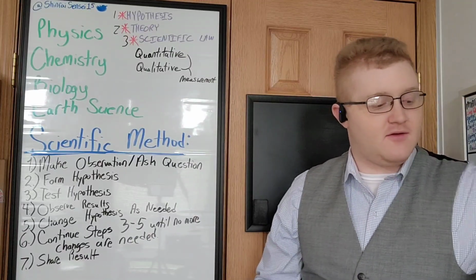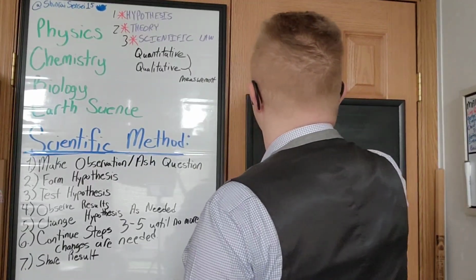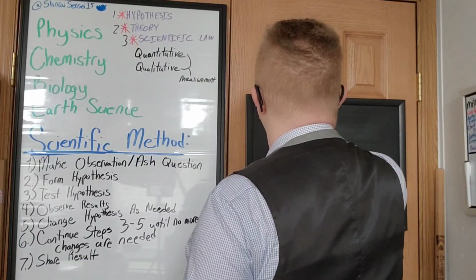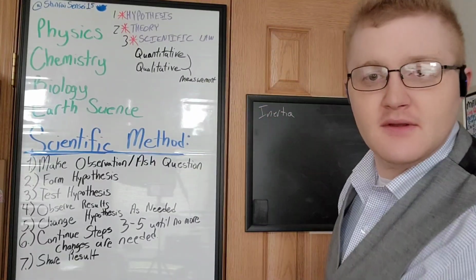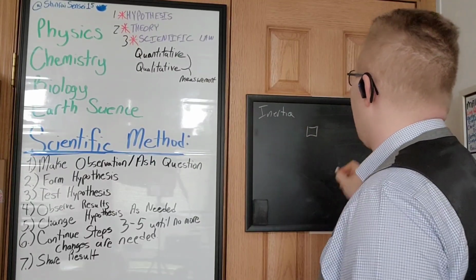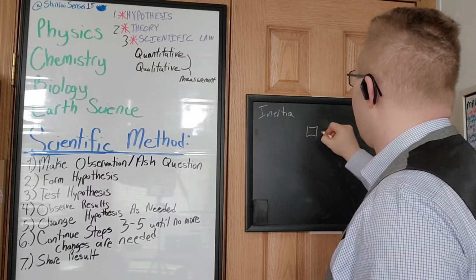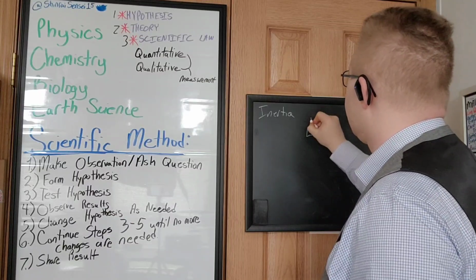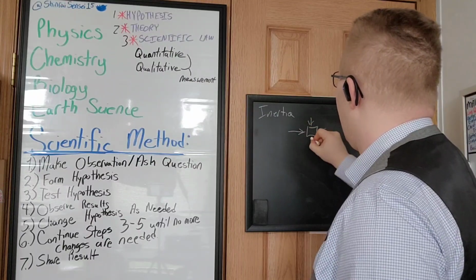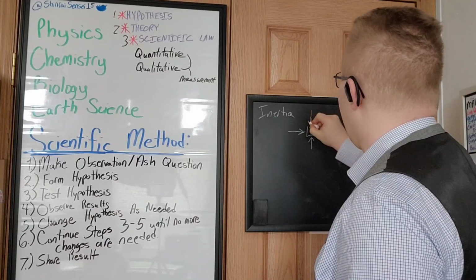so for the laws of physics, right? For the law of inertia, so you have an object, let's say a box. An unbalanced force simply means that the force going in any one of these directions is greater than the forces in the other directions, right?